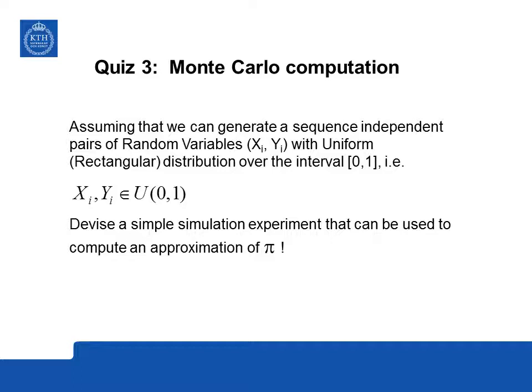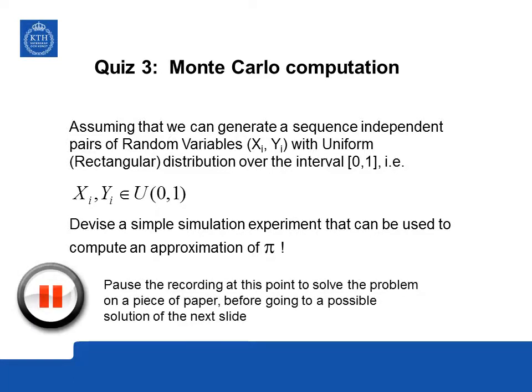And we would like you to devise a simple simulation experiment that can be used to compute an approximation of pi. So again, pause here and use a piece of pen and paper and try to solve the problem before going to the solution on the next slide.